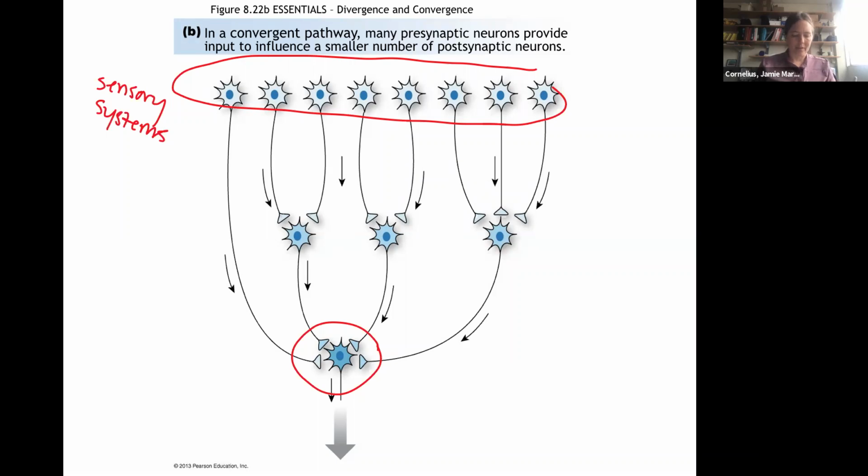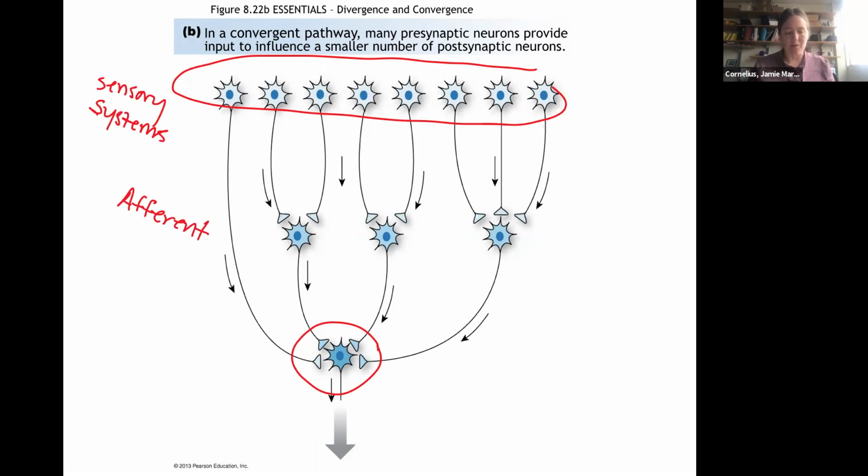So it could be touch. These could all be touch receptors in the skin, and they're converging and distilling down their information to fewer and fewer neurons in the afferent pathway.